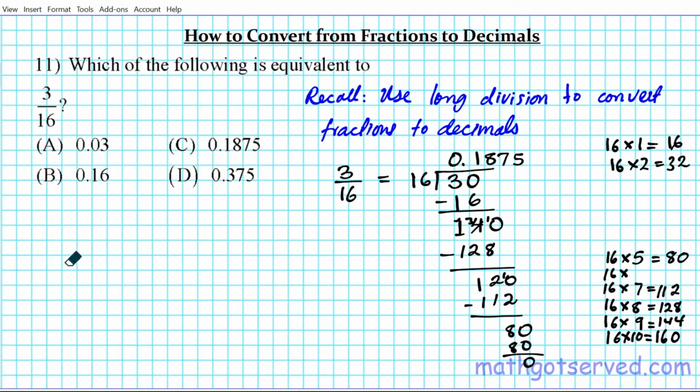Ladies and gentlemen, 3 over 16 as a fraction is equal to 0.1875 in decimal form. So you see the importance of knowing your multiplication tables since you're not using a calculator for a problem like this. All right, so the answer to question number 11 is option letter C.